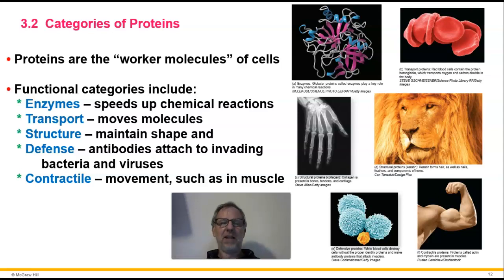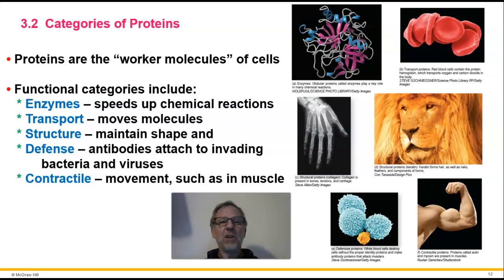You literally make close to 100,000 different proteins in the cells of your body. And these proteins are what build your cells and make them work and do the jobs that they do, like muscle cells are for moving, for contraction. And nerve cells are for sending electrical signals through your body.